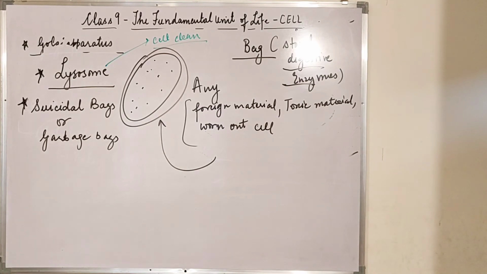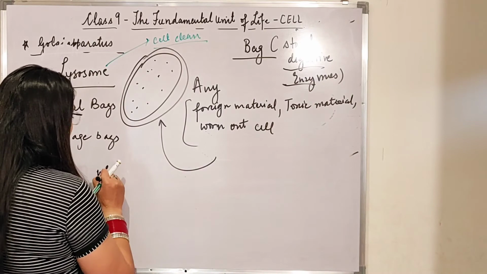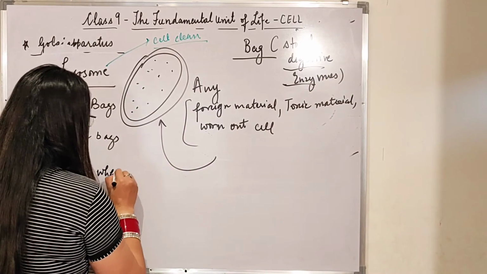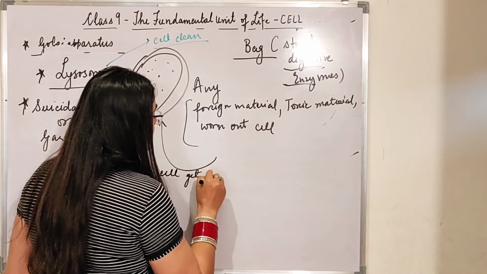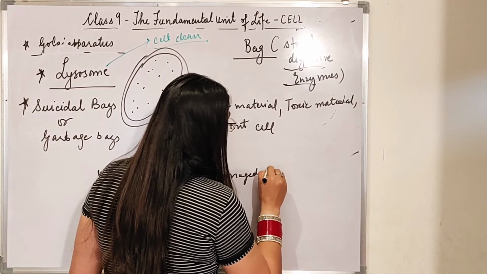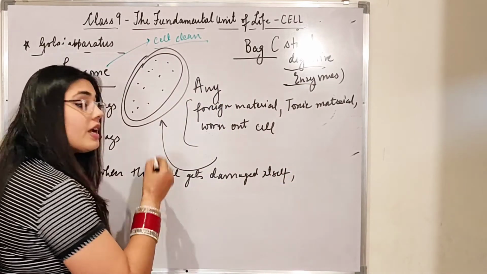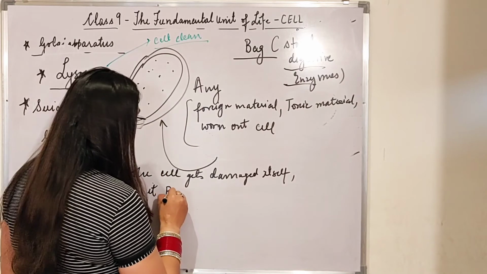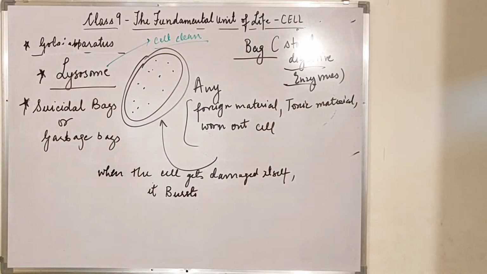Now later on, what happens when the cell itself gets damaged, beta? When the cell gets damaged itself, what does it do? It bursts. The entire lysosome bursts. So they are known as suicidal bags.